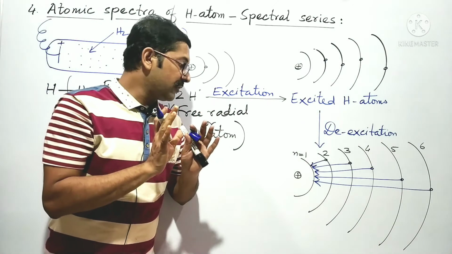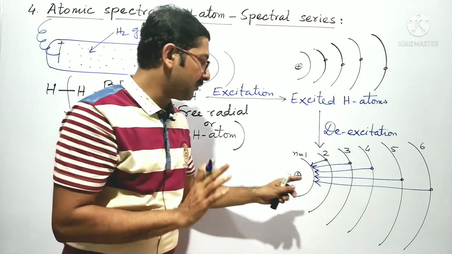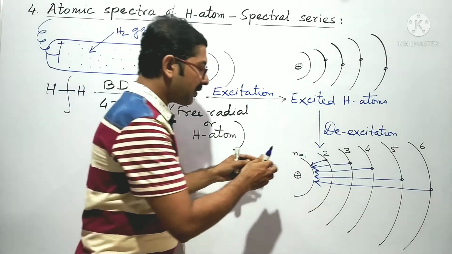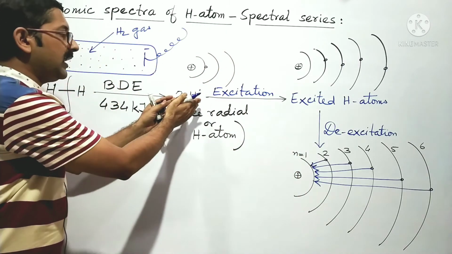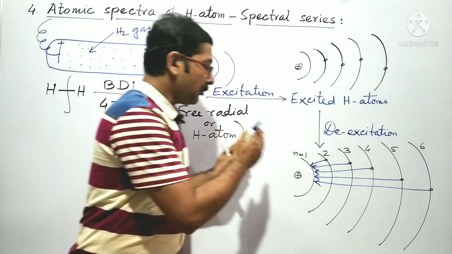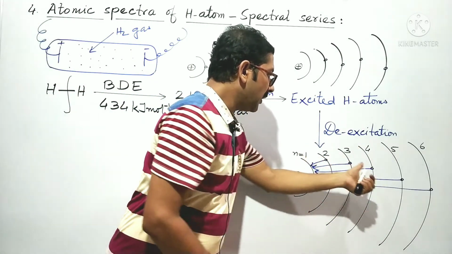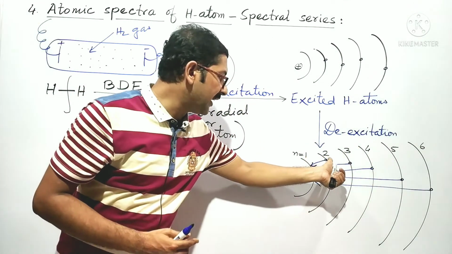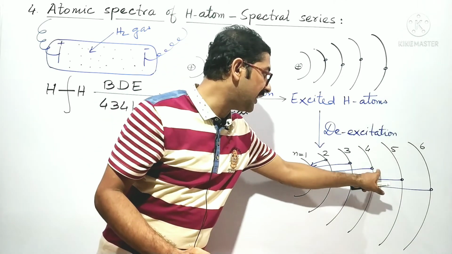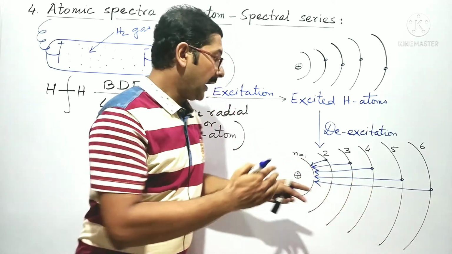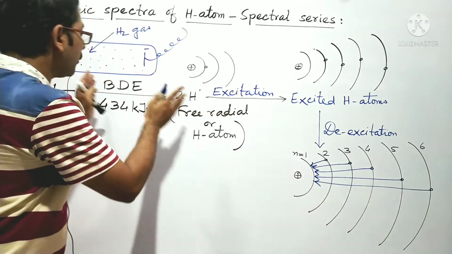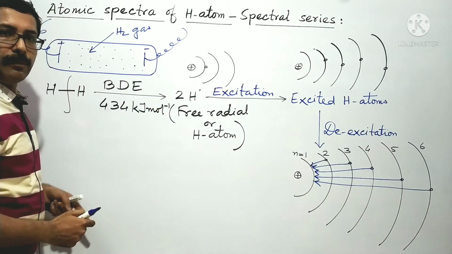Don't get confused, very important. Look at here very carefully. One hydrogen atom has only one electron, but there are crores and billions and trillions of hydrogen atoms, as I told earlier. So say this is the electron of one hydrogen atom, this is the electron of another hydrogen atom, this is the electron of the third hydrogen atom, and when they come back, and importantly, all the hydrogen atoms are present in this discharge tube.